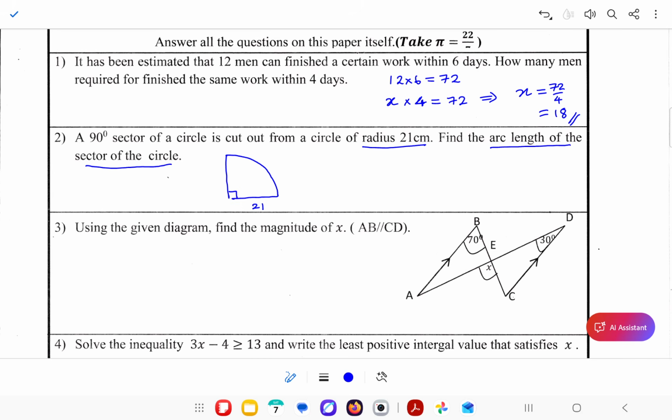You can use the circumference formula, 2 pi r divided by 4, because this is a quarter circle, or use the arc length formula. Both are correct. So what we need is pi over 2 times r. So half into 22 over 7 into 21, 11, 3, so 33 centimeters.